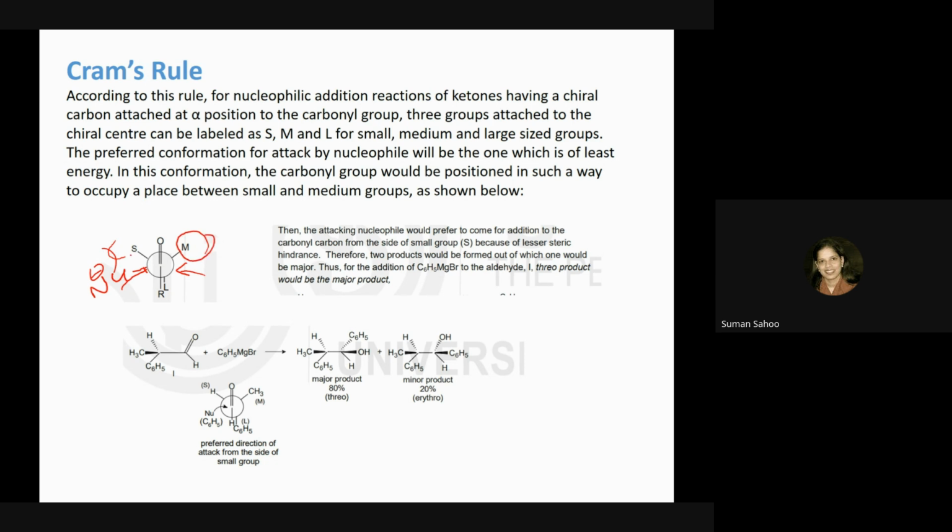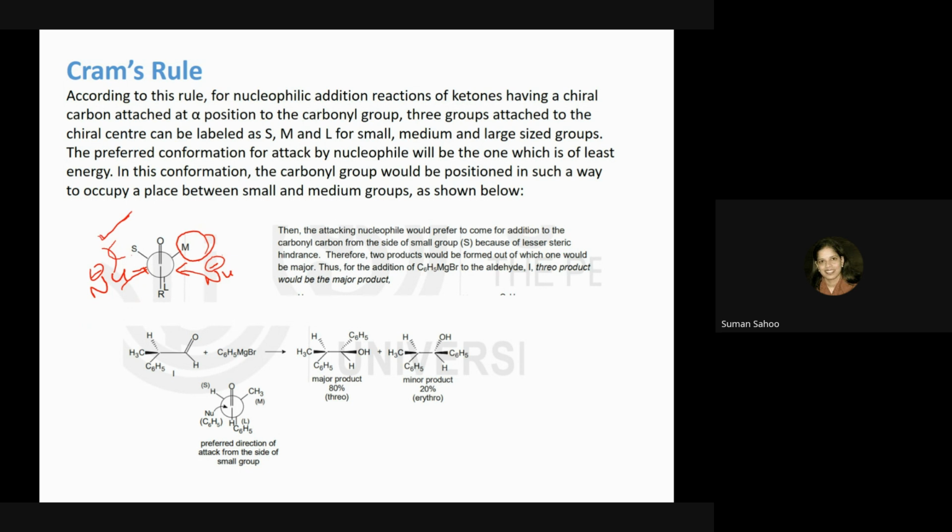S stands for small sized group, M stands for medium sized group, and the large sized group is opposite to your carbonyl oxygen. The nucleophile can attack from both sides, but this attack is more preferable because here it would experience more steric hindrance as compared to this one.